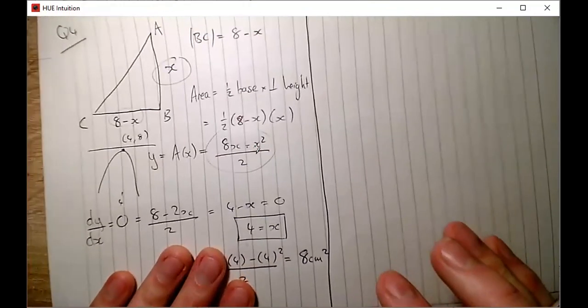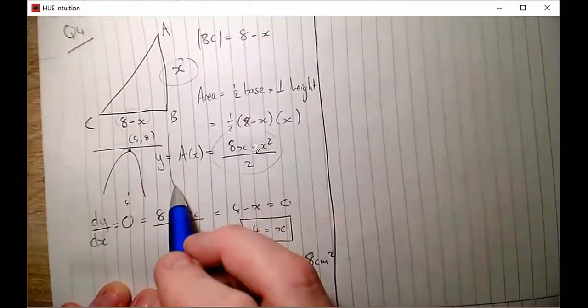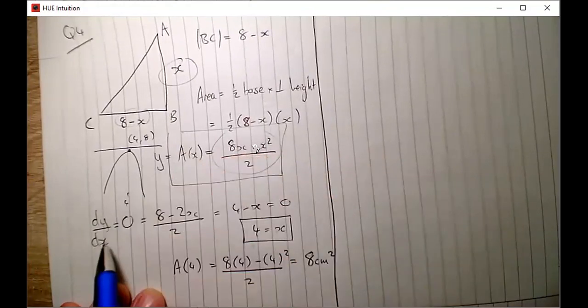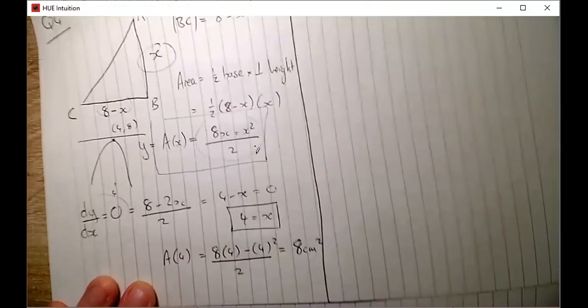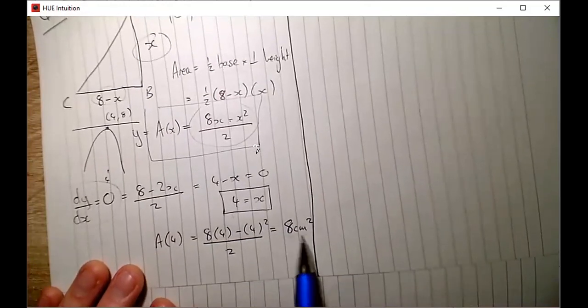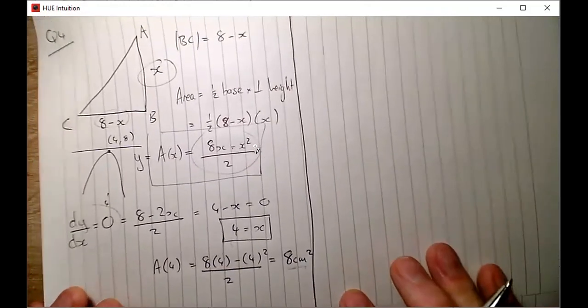So all of these questions are going to ask you to come up with some kind of function, then maximize or minimize that function by saying dy/dx equals 0, and then come back and find the maximum value of that function. In this case, it was an area question.